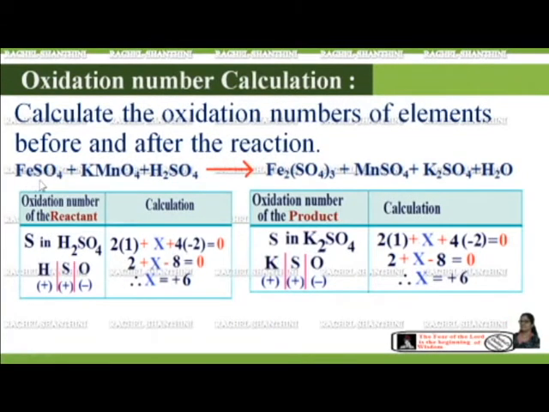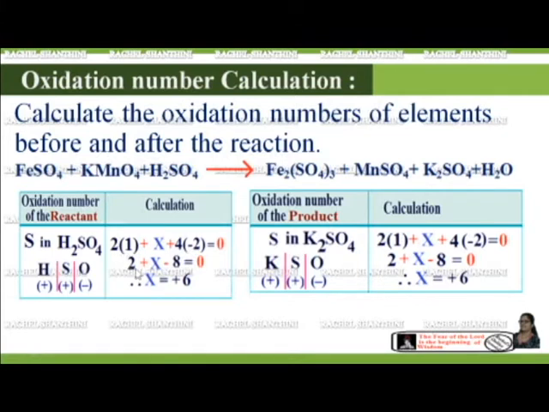Already we know the oxidation numbers of the elements present in ferrous sulfate and potassium permanganate. Now let us find out the oxidation number of sulfur in sulfuric acid on the reactant side. Let us assume the oxidation number of sulfur as X. We have 2 hydrogens, so 2 into 1, which is the oxidation number of hydrogen, plus X, plus 4 oxygen, so 4 into minus 2 is equal to 0, because we know that the algebraic sum of the oxidation numbers of all the atoms present in a molecule is equal to 0.